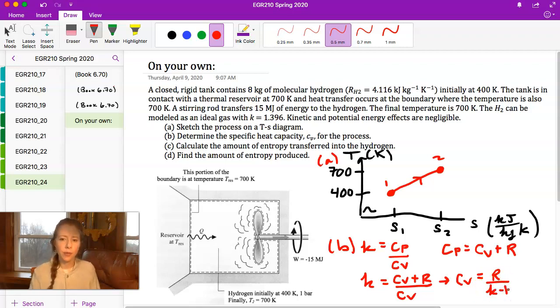So we have all the information we need there. We just need to plug in R and we need to plug in k. So I'm going to open up a new sheet to do that.